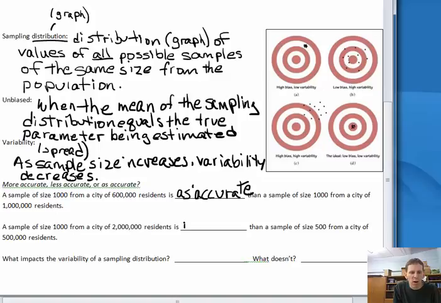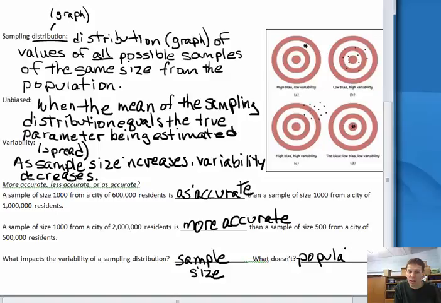The more people that are in your sample, the bigger the sample size, the more accurate your sample is. It's not based off of percentages of people. The variability of a sampling distribution is impacted by sample size. It is not impacted by population size. This is sort of counterintuitive, and we'll get into this more over the next few days as to why this is actually the case.